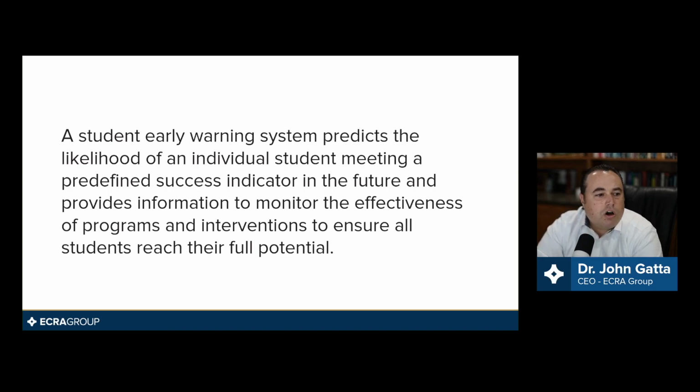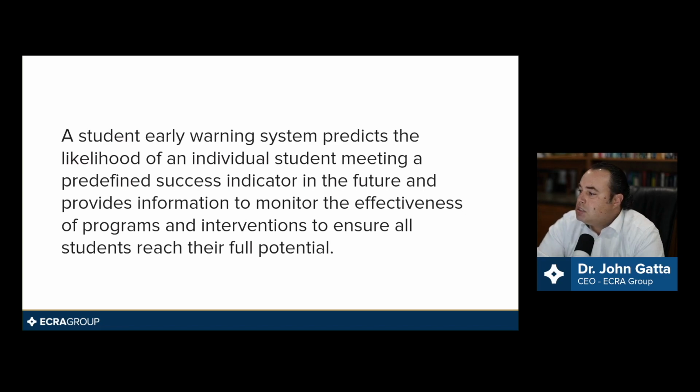But we're also talking about predefined success indicators. In order to use predictive models effectively for early warning systems, you do have to have an idea of what the outcomes are that we're trying to predict. Because in order to build a prediction model to identify students a year early, 2 years early, 3 years early, whatever it is we're trying to do, we have to predefine what that success indicator means in the future.